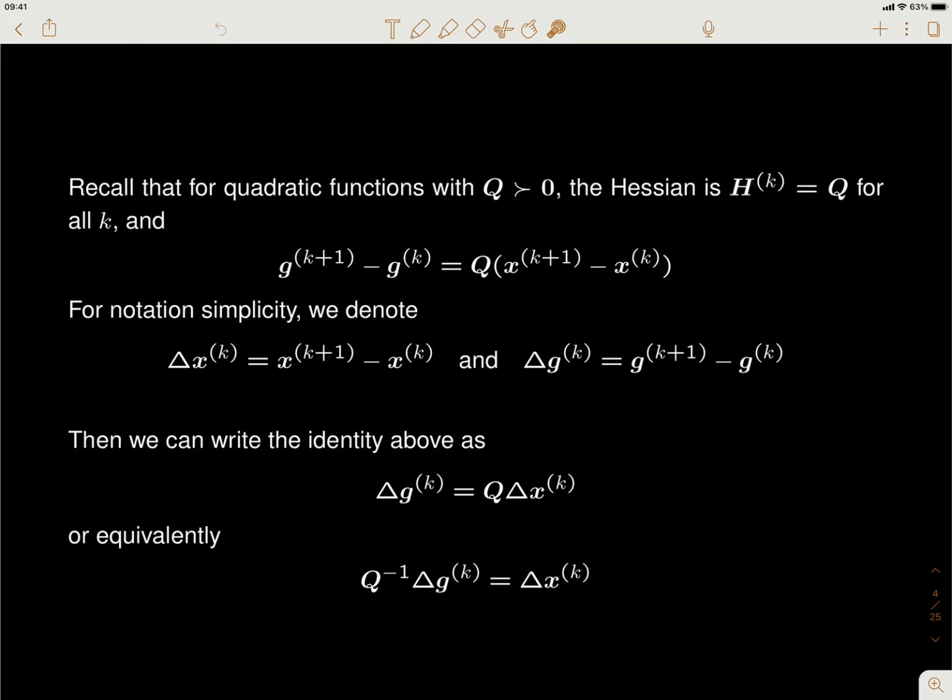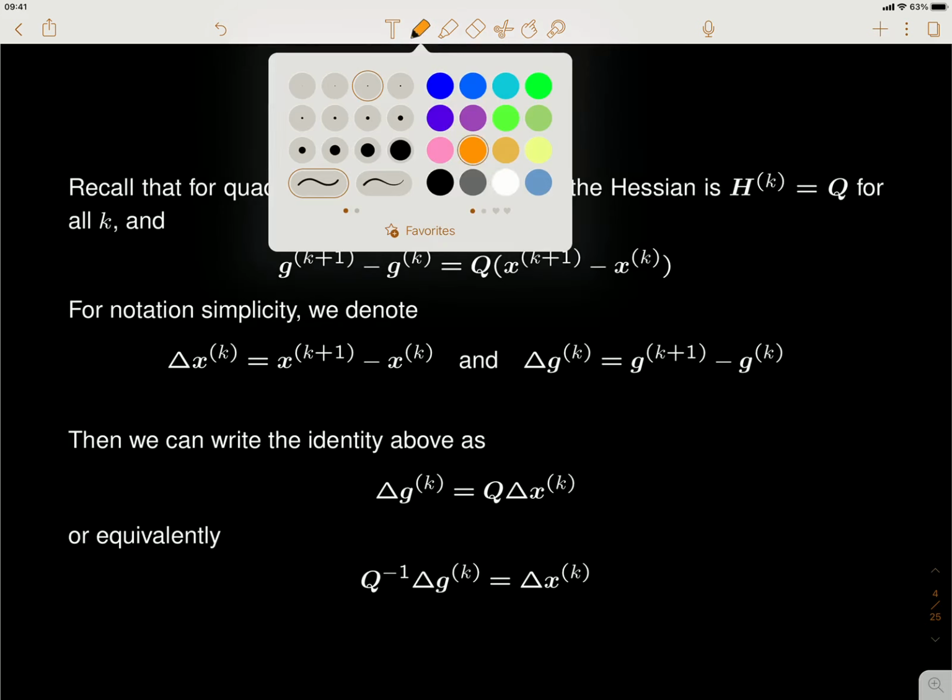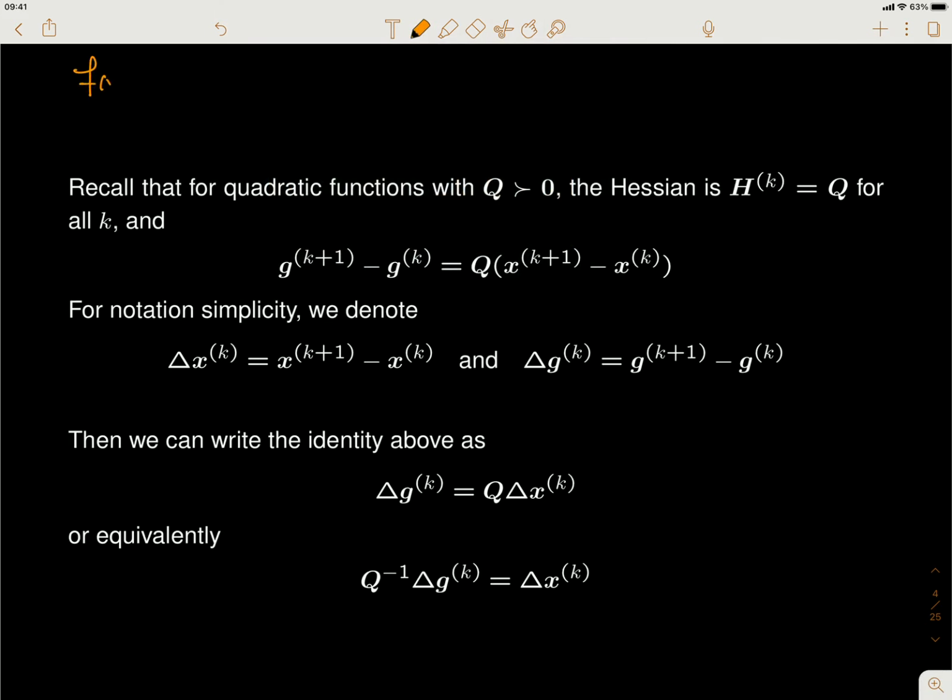Again, we are going to talk about the Quasi-Newton method applied to quadratic functions and non-quadratic, or general, functions. For quadratic functions, the function is given by half x transpose Qx minus b transpose x.